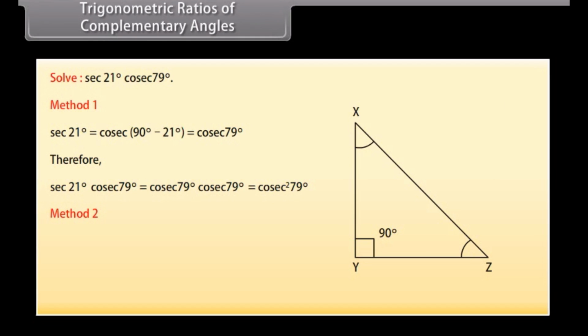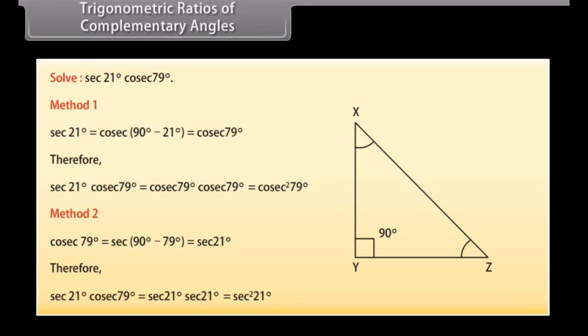Let us solve the same question in a different way. Cosec 79 degree is equal to sec 90 degree minus 79 degree equals sec 21 degree. Therefore, sec 21 degree cosec 79 degree is equal to sec 21 degree sec 21 degree, which equals sec square 21 degree. Let us attempt one more question.